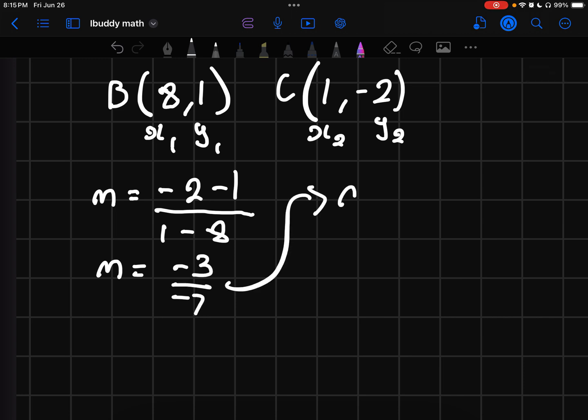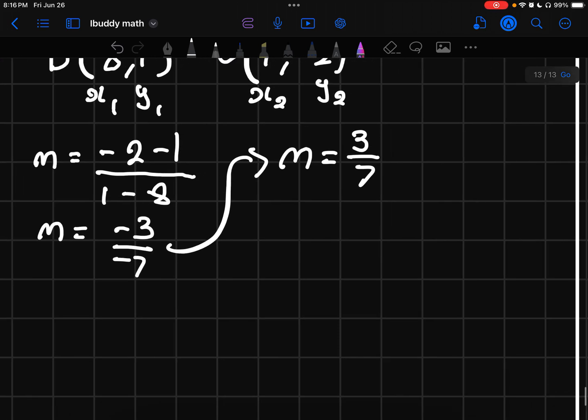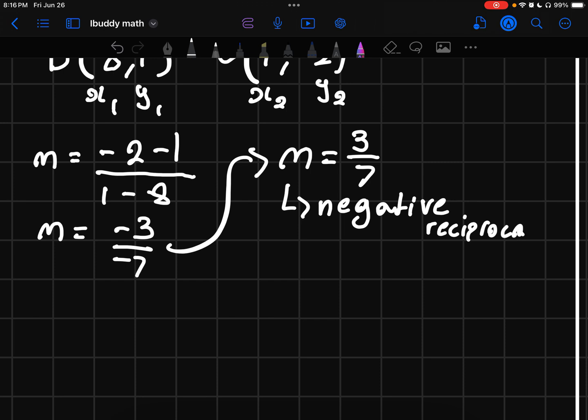And this leaves us with M is equal to 3 over 7. So now that we have this, we have to make it a negative reciprocal. And the negative reciprocal of 3 over 7 would be -7 over 3.